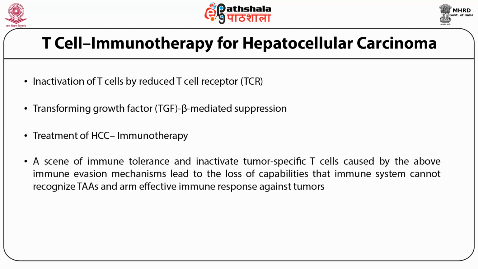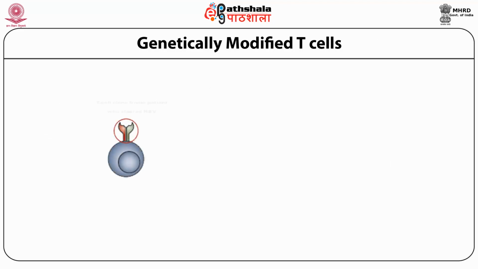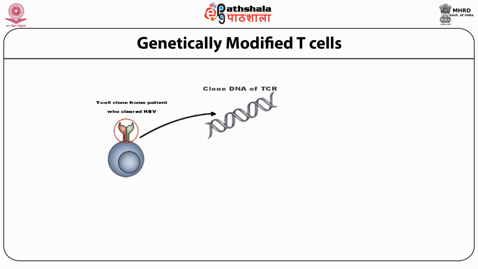A state of immune tolerance and inactive tumor-specific T cells caused by the immune evasion mechanism leads to the loss of capabilities, so the immune system cannot recognize TAs and mount an effective immune response against tumors. Therefore, cellular therapies are being generated for the HCC. Genetically modified T cells can be generated as cellular therapy.